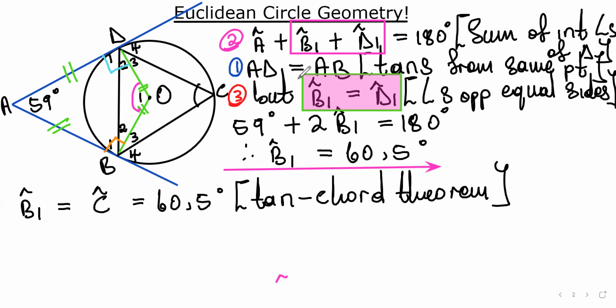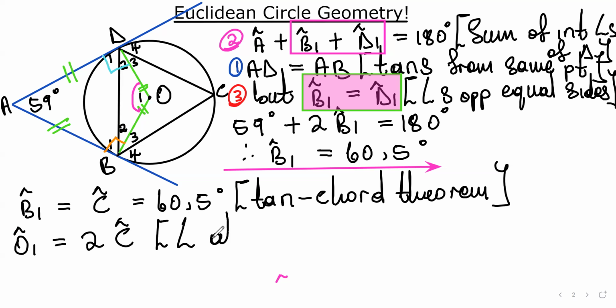Okay, so now we know the size of this, but we also know something else. We know that angle O1 is actually twice as much as angle C. So you can even go on and say it's twice as much as 60.5.